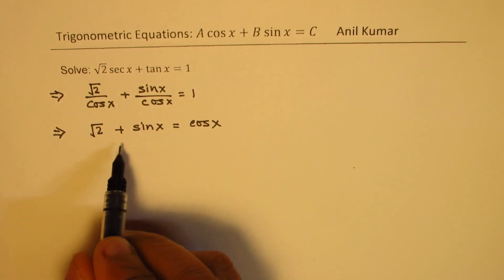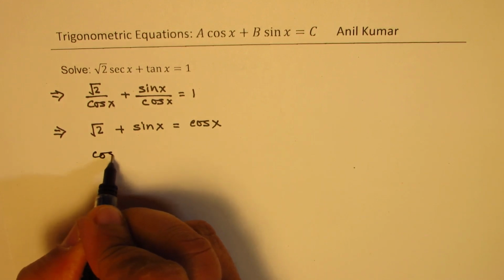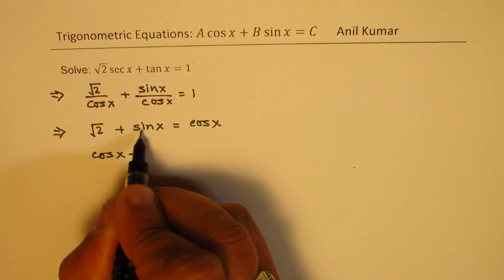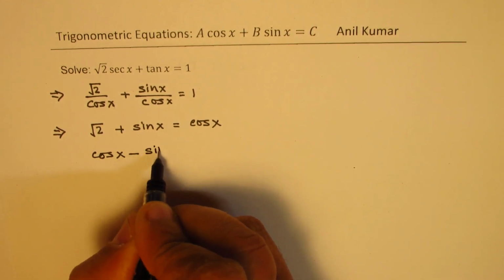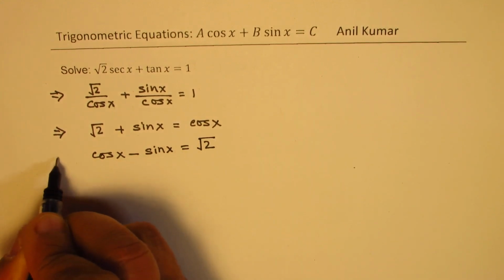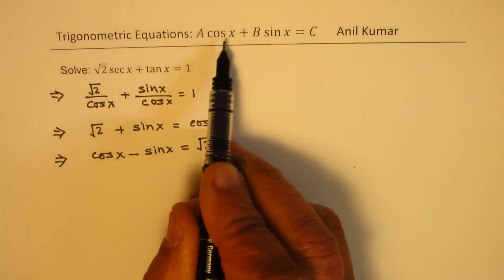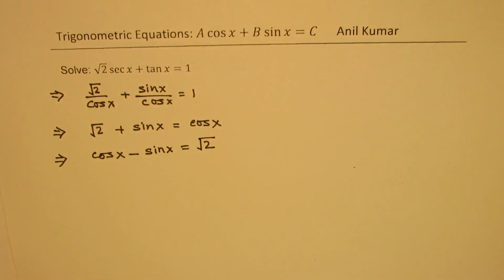Now that can be simplified. We can now write this as cos x minus sin x, taking it there, equals square root of 2, correct? Now we get a familiar form of the equation, like a cos x plus b sin x.